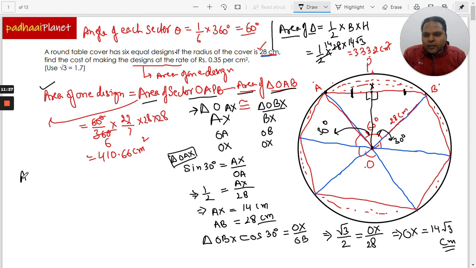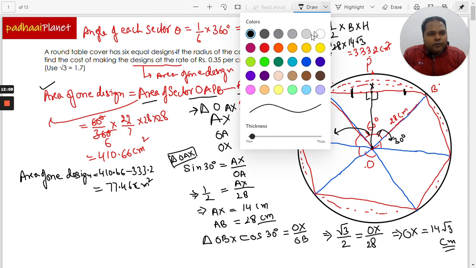So the area of one design is equal to 410.66 minus 333.2, that's equal to 77.46 centimeter square. Now that's the area of one design.